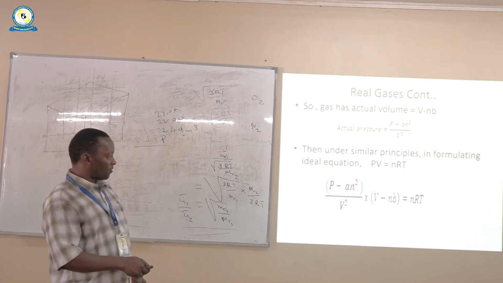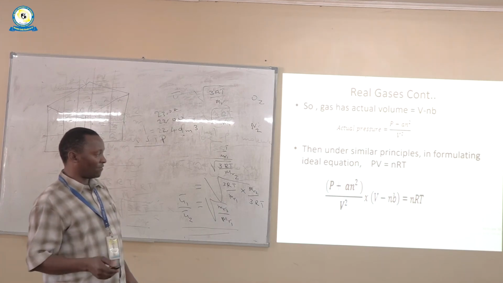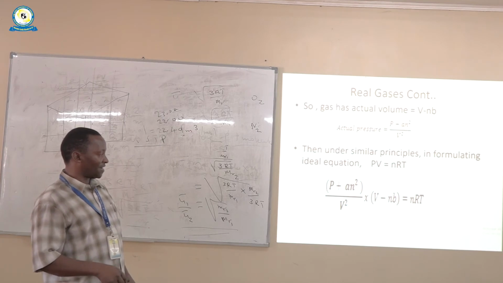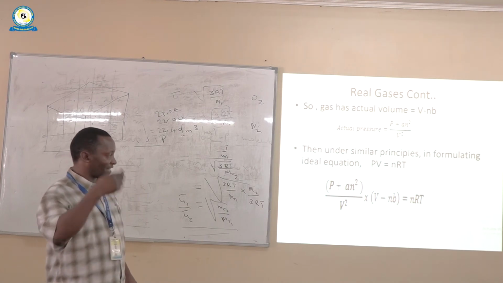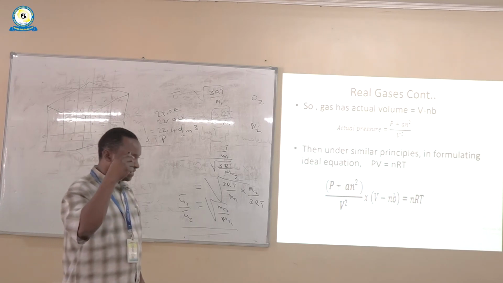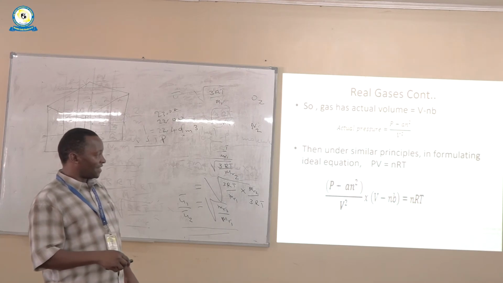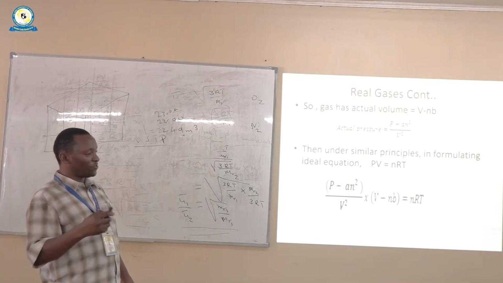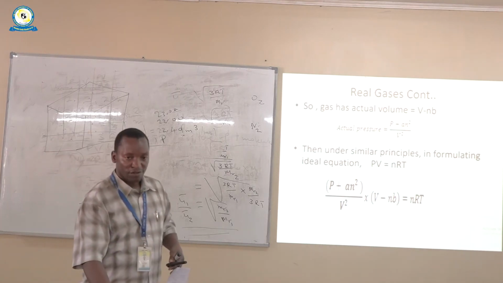As I have said, a and b are constants for a specific type of gas. Of course, we have temperature as usual. Volume is the volume of the container as it is, and the pressure is the pressure that is measured, while this term is the pressure that is reduced due to the intermolecular interactions.